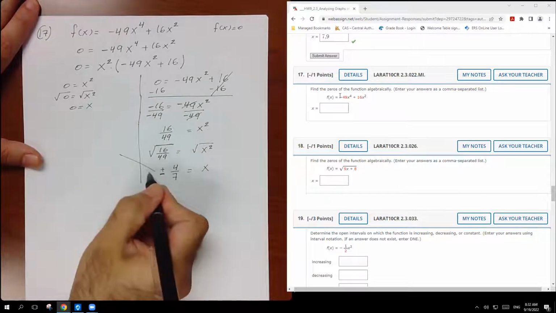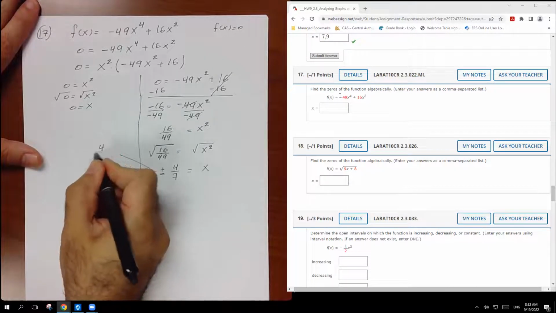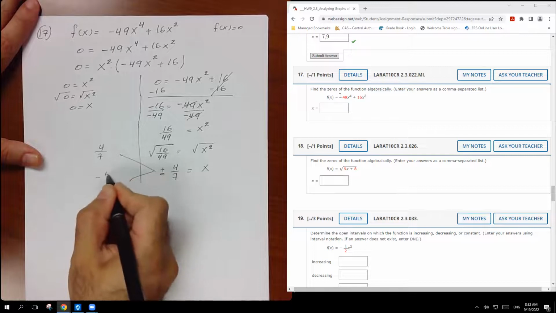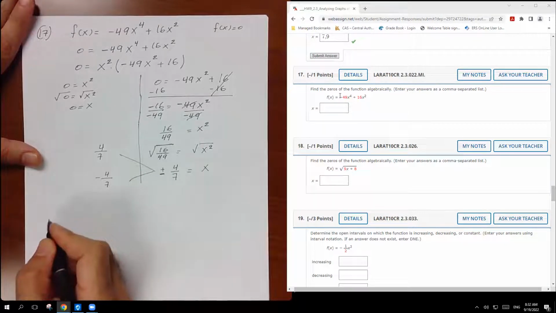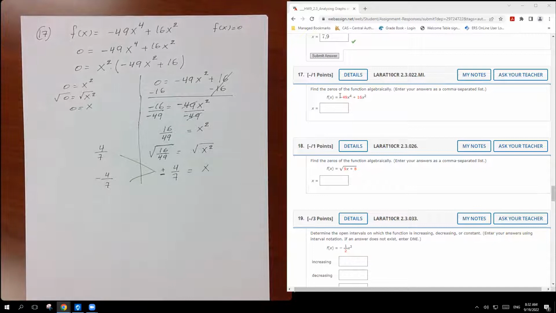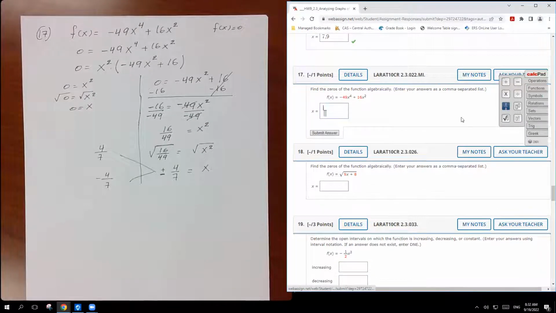So that's it for this example. So I'm going to type negative 4 over 7. You don't have to type it in order. 0 and 4 over 7. That's it for this example.